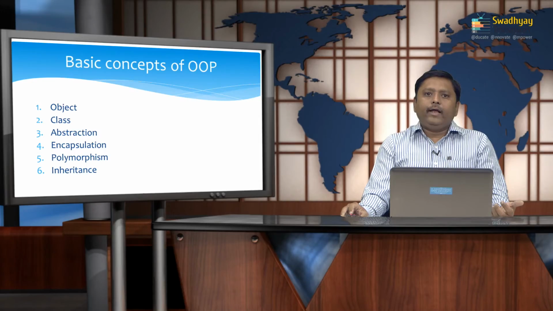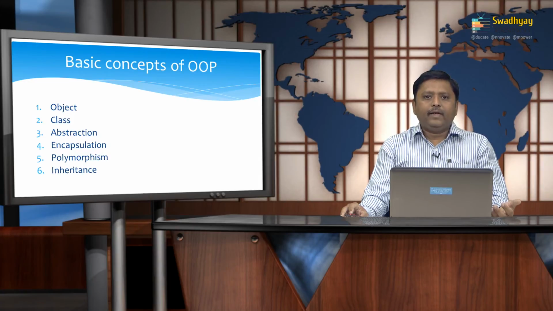Now, we discuss the benefits of object oriented programming. Bundling code into individual software objects provides a number of benefits. Now, what are these benefits? The first benefit is modularity. That means the source code for an object can be written and maintained independently of the source code for other objects. Every object is separate.